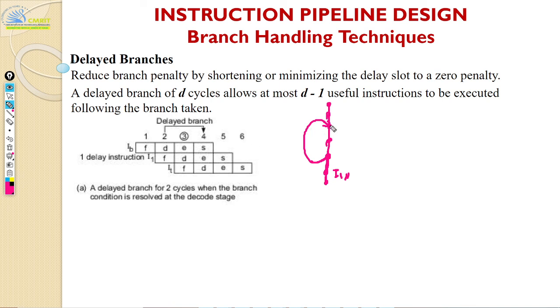The moment you see a branch instruction, you are going to fetch not necessarily PC equals PC plus 4, but rather that instruction that will definitely be executed.